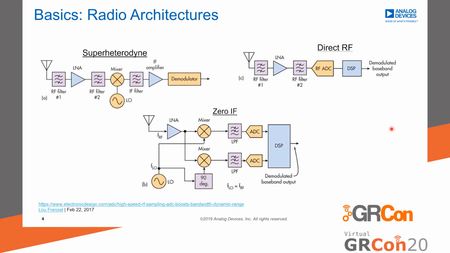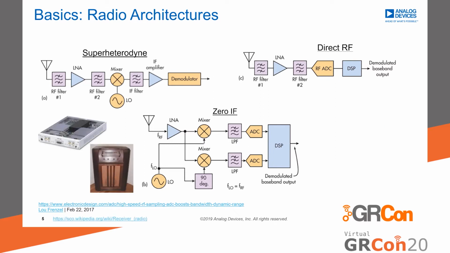So let's just begin with some background. Historically, there are three main radio architectures: superhet, zero-IF, sometimes called heterodyne, and the latest, which we're really interested in, called direct RF or direct sampling. Now, superhets are devices that have a single or multiple IF or intermediate frequency stages.